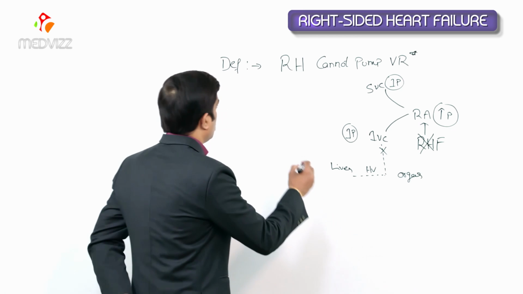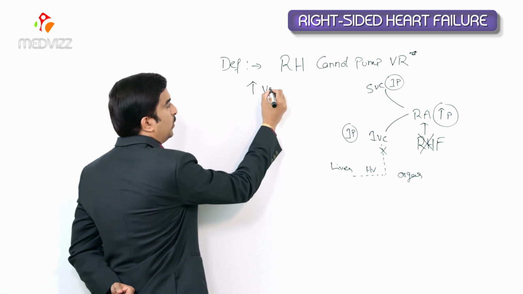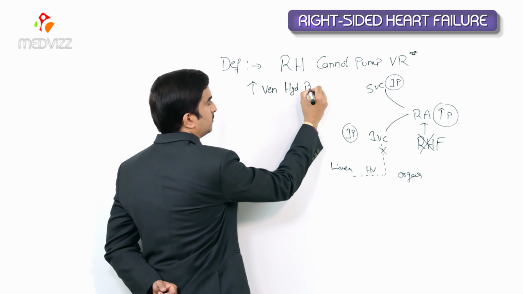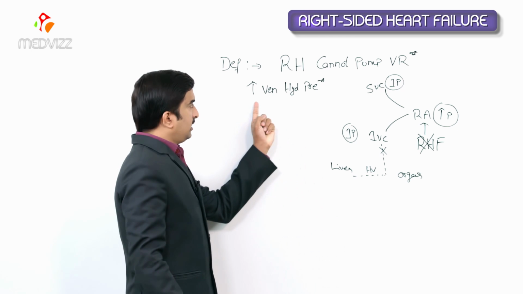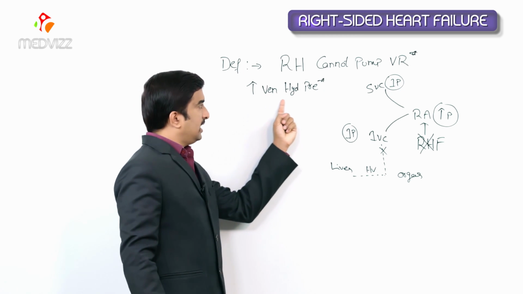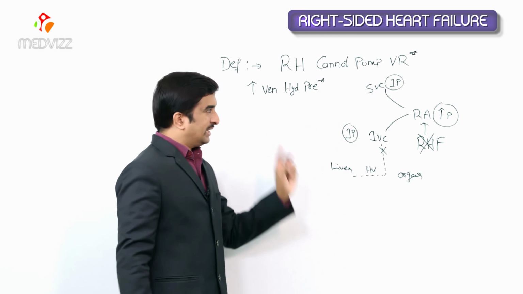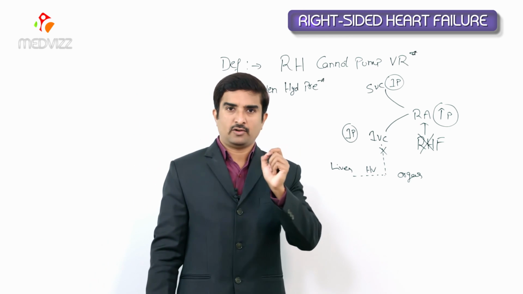So, what I will write here as a second point is that there will be an increase in the venous hydrostatic pressure. Another important MCQ point: in right heart failure, there will be an increase in the venous hydrostatic pressure. So, this is the definition of right heart failure.